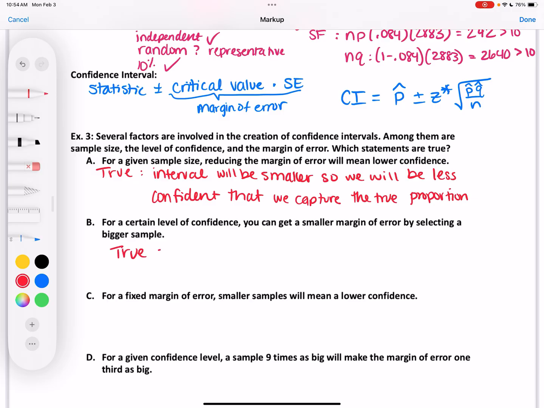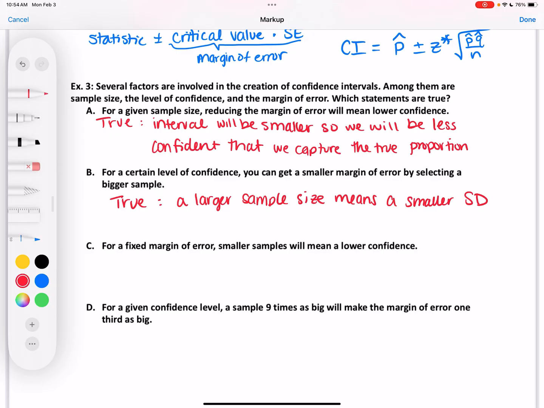A larger sample size means a smaller standard deviation. For a fixed margin of error, smaller samples will mean lower confidence.